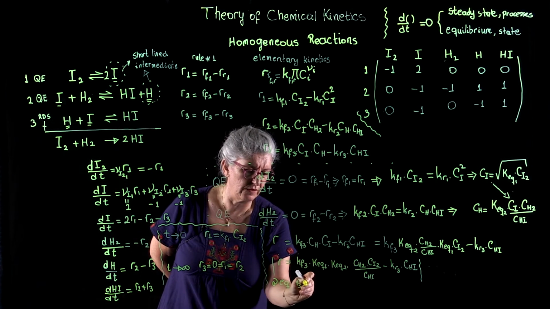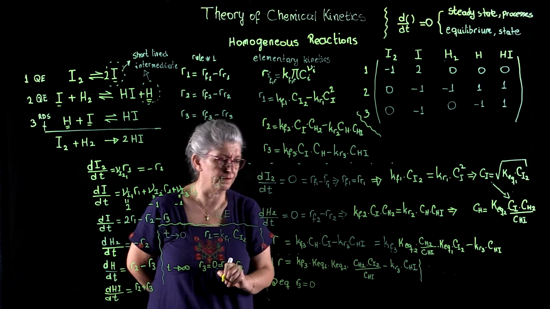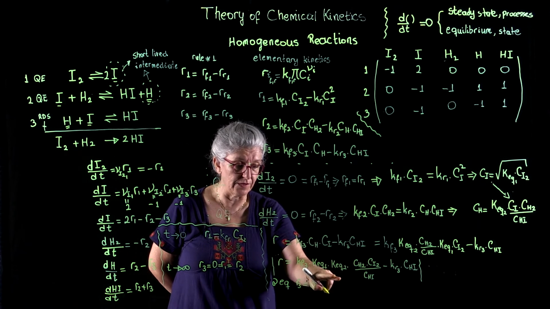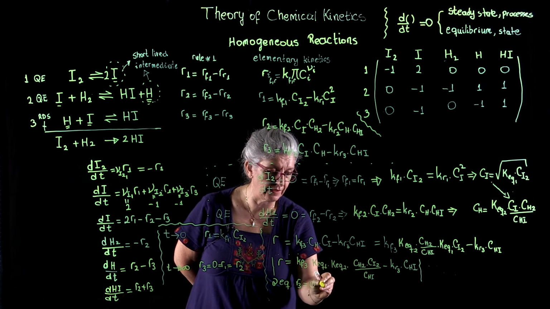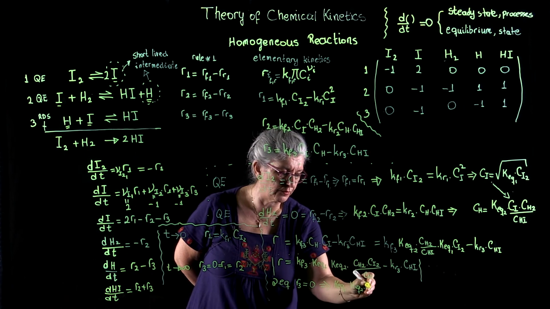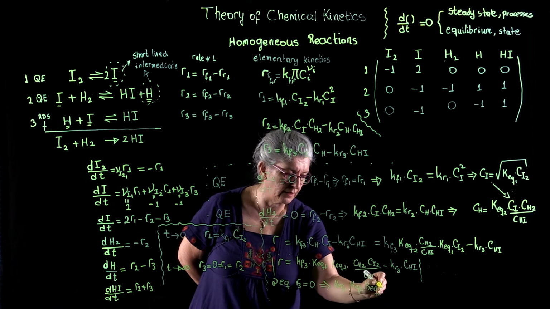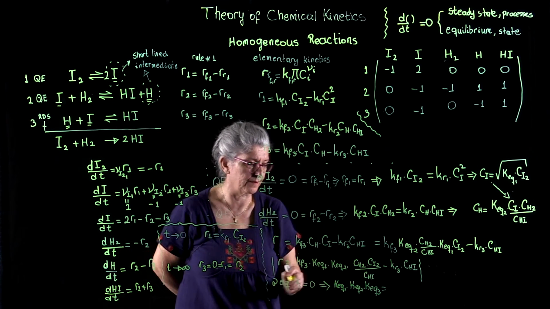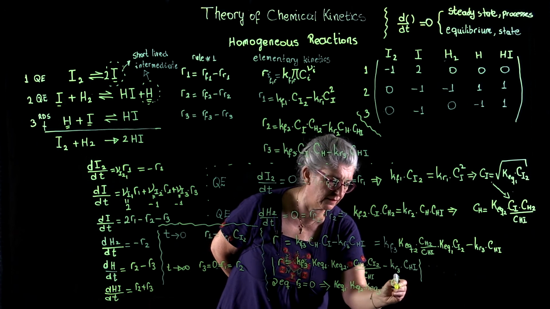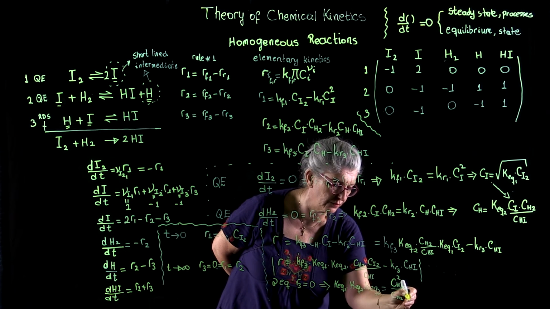R3 is equal to 0 also. And this expression is equal to 0, which gives us the following relationship. K equilibrium 1 times K equilibrium 2 times K equilibrium 3 to be equal to CHI squared divided by CH2 times Ci2.